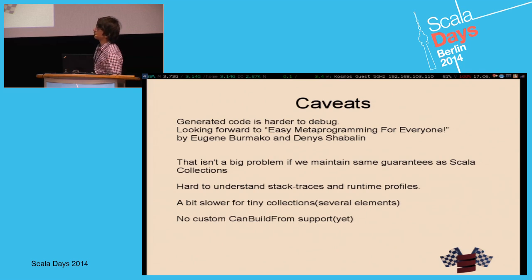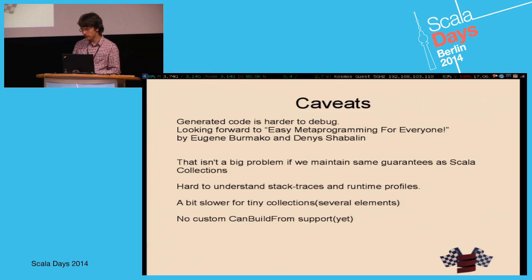The other problem is that because we rewrite code, the stack traces and the runtime profile also change. So in order to use a profiler with ScalaBlitz, we will probably need to look at the generated code, so we will need to investigate either the bytecode or the trees. Also, because ScalaBlitz originates from the parallel collections, for every operation invocation it will create several simple objects just to pass them as the container for methods, and for very tiny collections like a range of 5 elements, it will cost you more than the operation itself.